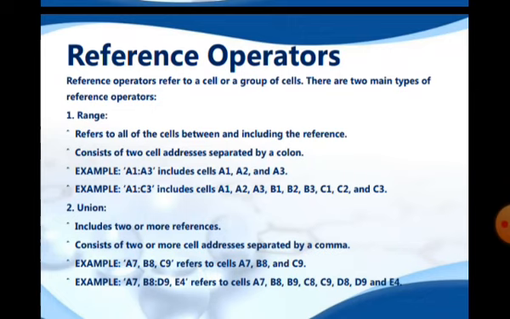It refers to the cell A7 and the range from B8 to D9, so B8, B9, C8, C9, D8, D9, and E4. See, all the cells are included. Now move forward.